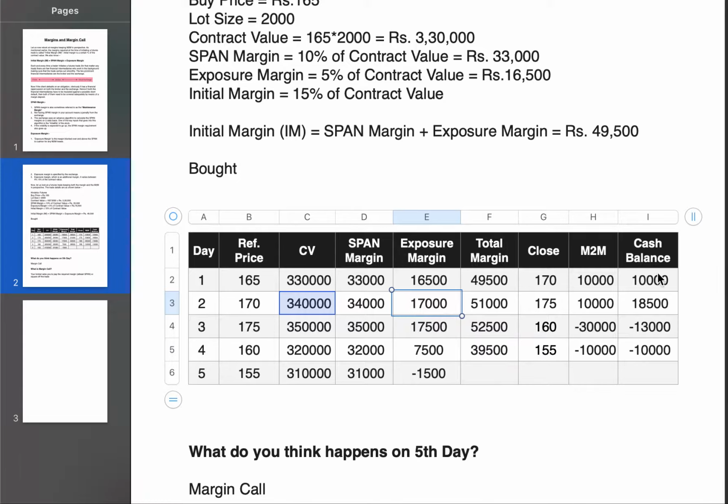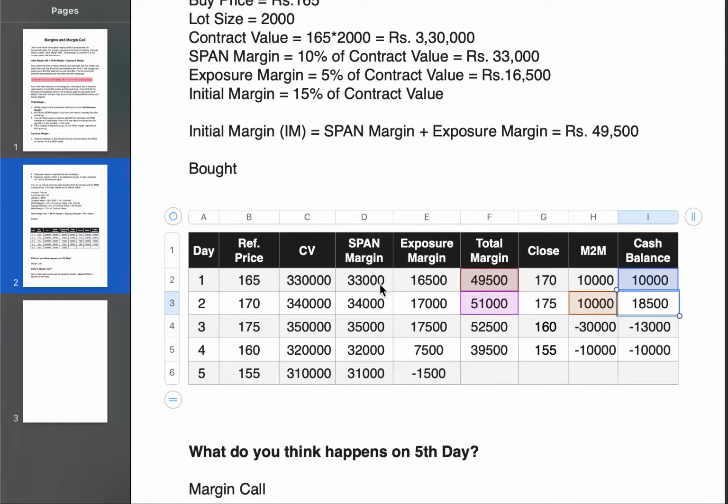So basically some component of my M2M has gone into my SPAN and exposure margin, which is about 1500 rupees, 1000 rupees extra for SPAN and 500 extra for exposure. Again, the future has risen by 5 rupees. I have got a profit of 10,000 rupees. 10,000 MTM has been credited into my account.